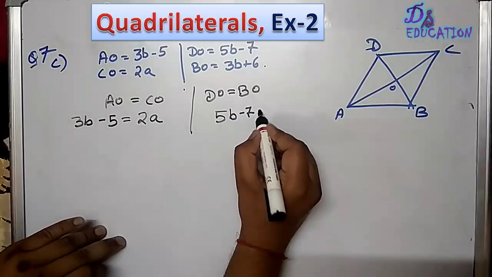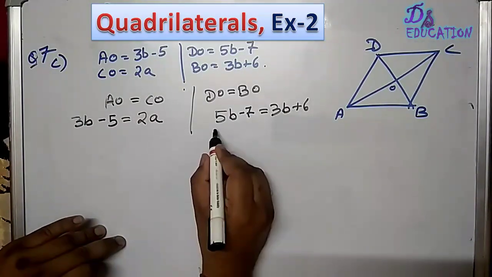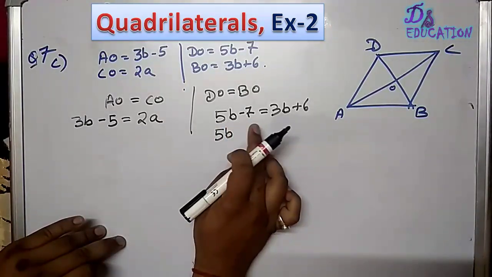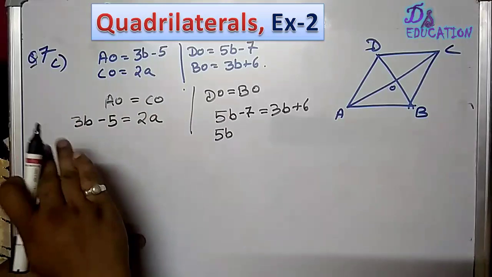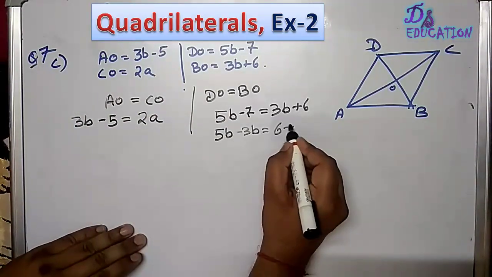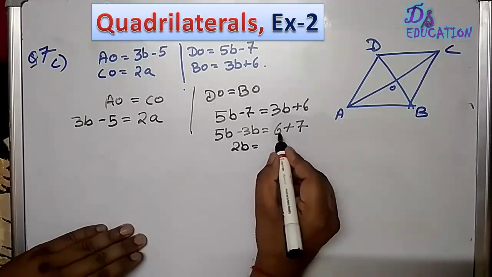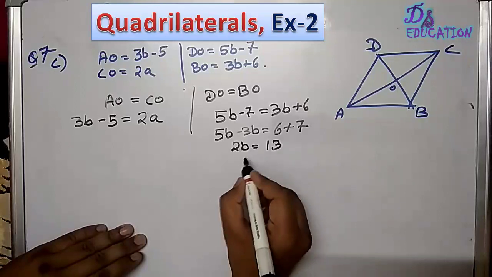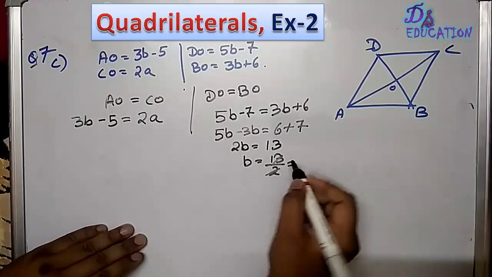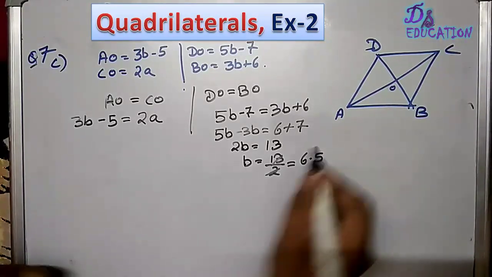So 5b minus 7 is equal to 3b plus 6. Okay, so solving this first because it is having both the variables same. 5b minus 3b is equal to 6 plus 7. So it will become 2b is equal to 6 plus 7, that is 13. So b is equal to 13 upon 2, that is equal to 6.5 centimeters.